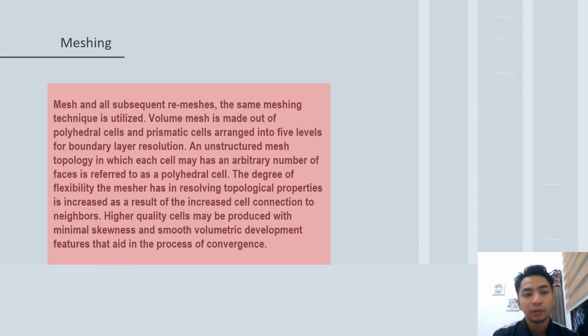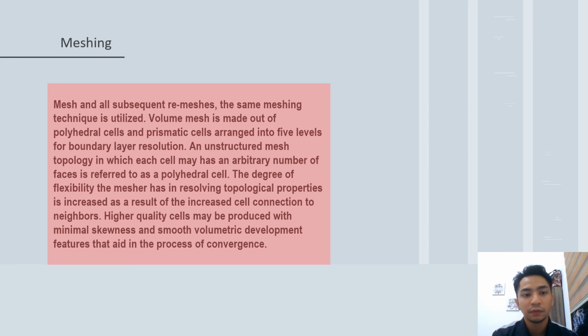For the mesh and all subsequent remesh, the same mesh technique is utilized. Volume mesh is made out of polyhedral cells and prismatic cells arranged into 5 levels for boundary layer resolution. An unstructured mesh topology in which each cell may have an arbitrary number of faces is referred to as a polyhedral cell.